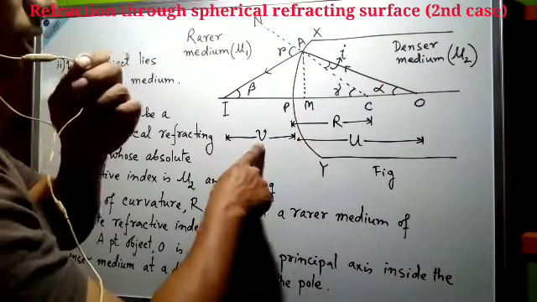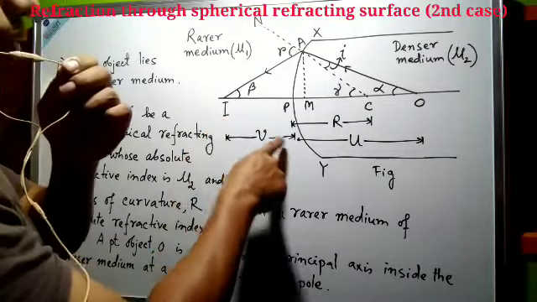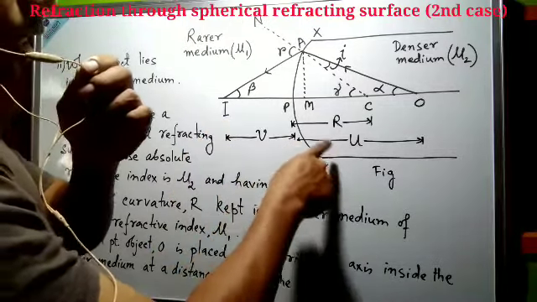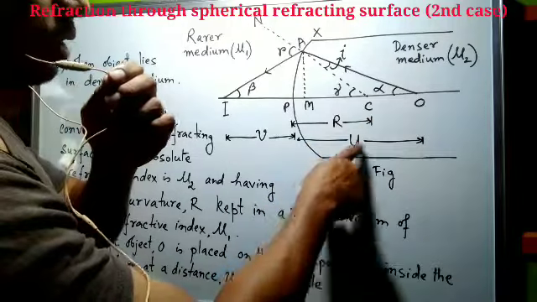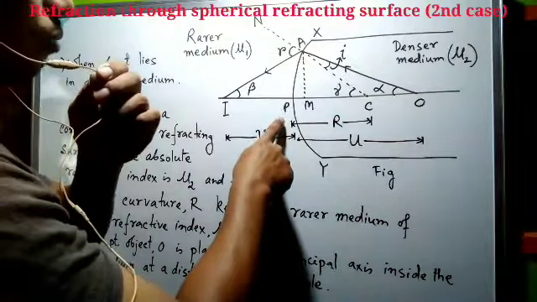And here V represents image distance, the distance of image capital I from the pole, and U represents the object distance, that is the distance of object from the pole.